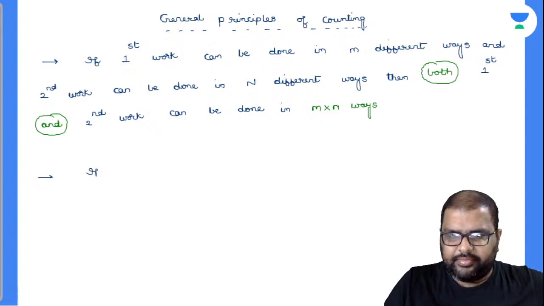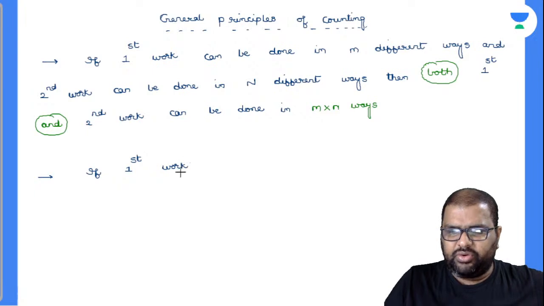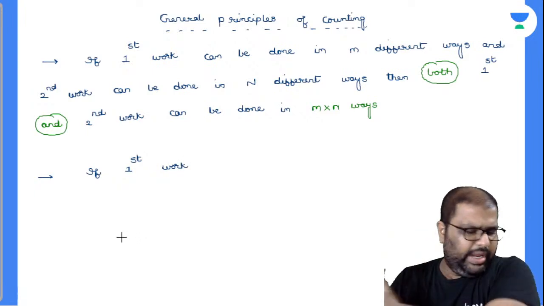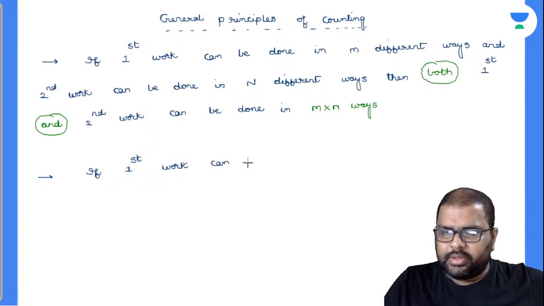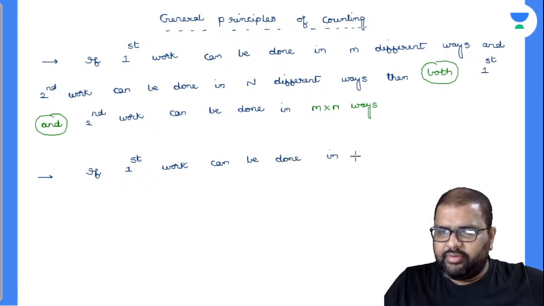In the same sentence, only two words will be different. If there are more than two works, the first work, of course, m into n into l into k and so on, can be done in m different ways.